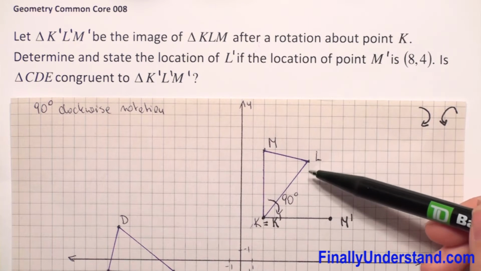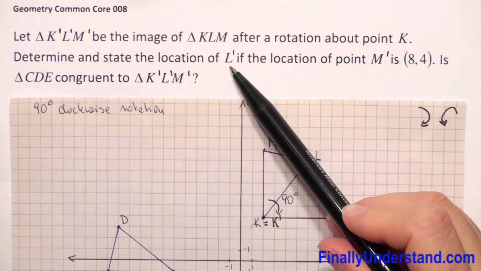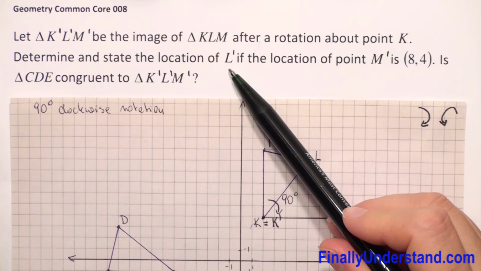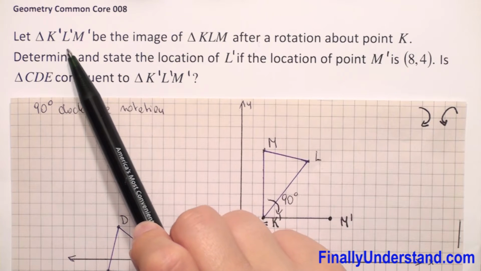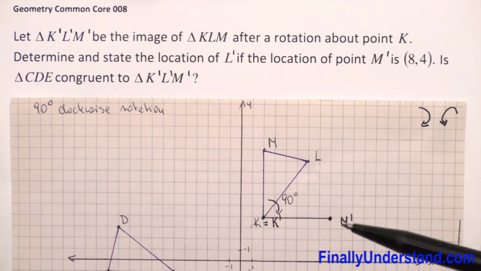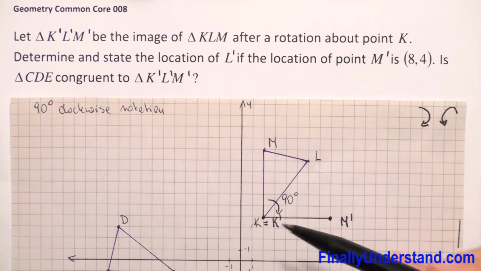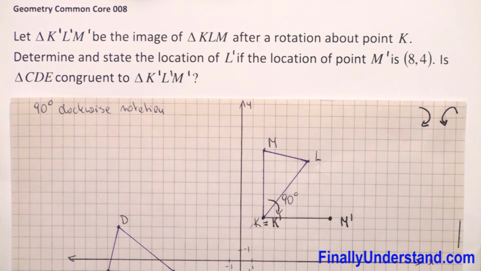And now we have to find L prime. We are given L and we have to find L prime to have triangle K prime L prime M prime. We know that this is a clockwise rotation about point K. So first we will change our XY plane. Now we will draw an XY plane and the origin will be at point K, because K is the center of rotation.